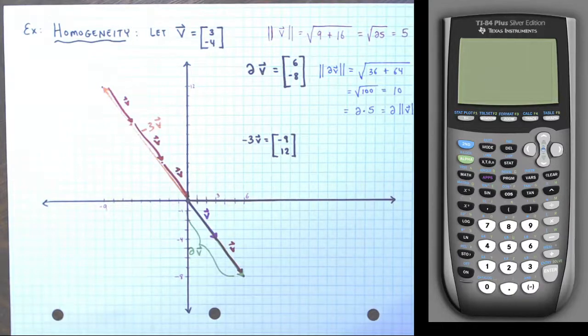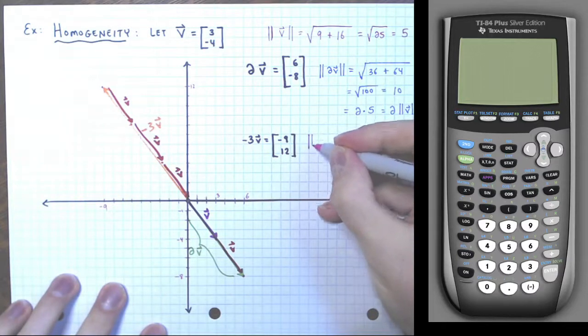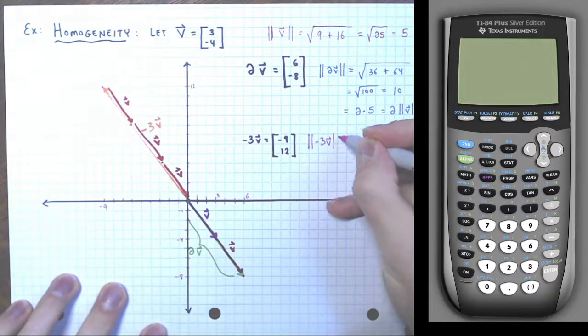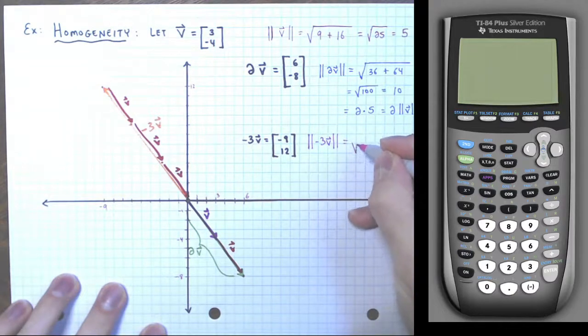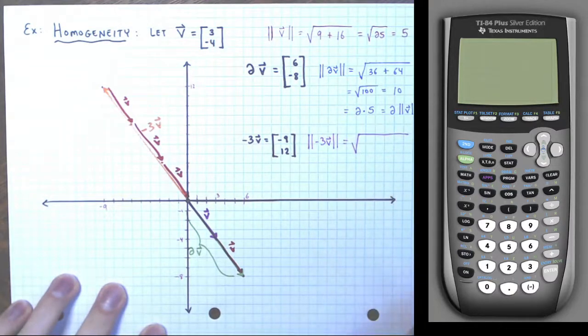Well, we can see that when we do the calculation. So the norm of negative 3v, using our formula, is the square root of the sum of the squares of the components. Negative 9 squared is positive 81, and then 12 squared, 144. And this is the square root of 225, which is a nice one again, 15, which is 3 times the norm of v.